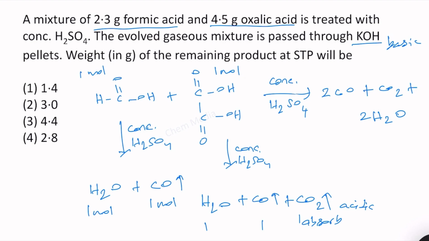Now, we need to figure out how many moles of formic acid are there in 2.3 gram of formic acid and how many moles of oxalic acid are there in 4.5 gram of oxalic acid. Once we figure that out, we can just add those two and then we can find the weight.